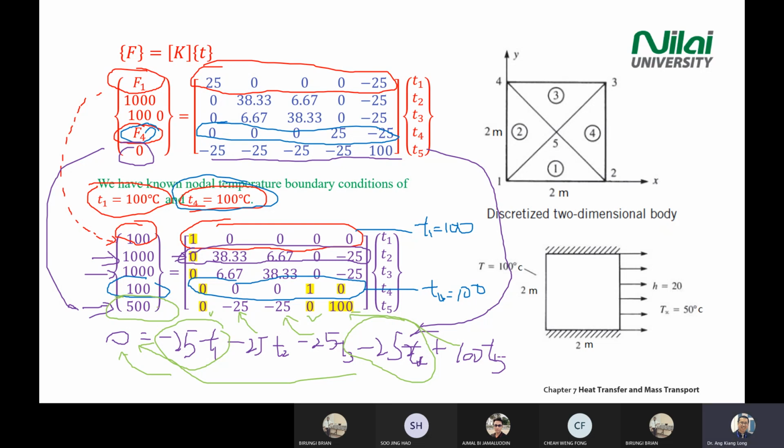Everyone clear on the mathematics steps here? Everyone good? If I check my equation here, it's not 500, it's 5,000. 25 times 100 is 2,500. Yeah, correct.